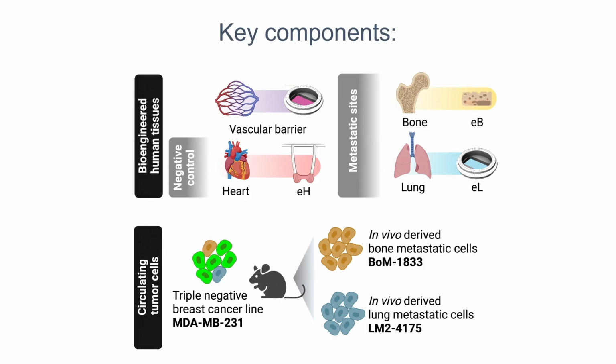But this is a really good negative control. And we looked into two tissues among many that can be affected by cancer cells, bone and lung. I didn't mention, but actually the cancer that we studied was breast cancer, triple negative breast cancer. So these are among the common metastatic sites.